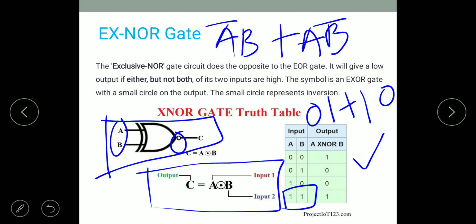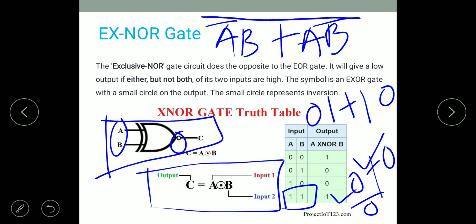So 0 into 1 is 0, and 1 into 0 is 0. So 0 plus 0 is 0, but it is not XOR, so not 0 means the answer is 1. Because XNOR is nothing but not XOR.